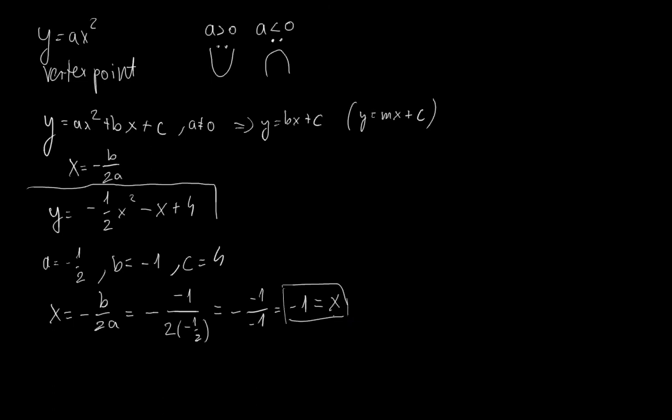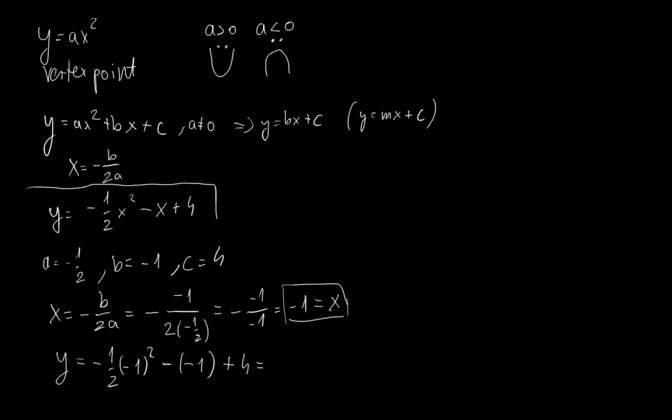Now we need to substitute this into the equation, so y equals minus 1 over 2 times minus 1 squared, minus minus 1, plus 4.